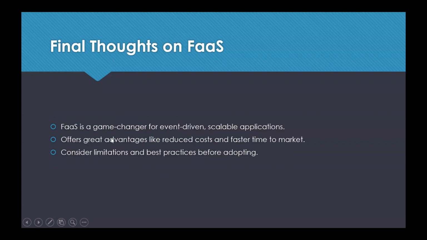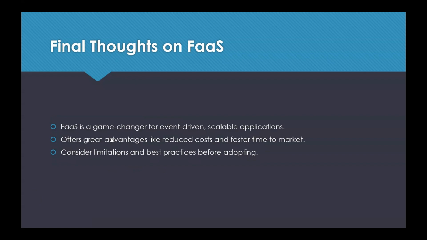Function as a service is a game changer for event driven scalable applications. You can use this whenever your requirement is to trigger it when some event has occurred or you need scalable applications. It offers great advantages like reduced cost and faster time to market.